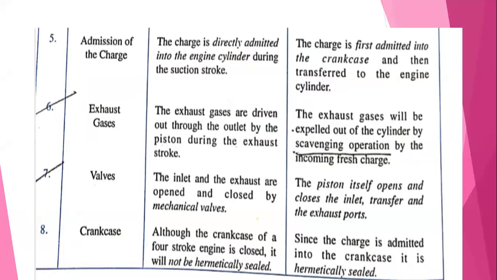Due to that, suction takes place, which means the air and fuel mixture comes into the engine chamber. But in a two-stroke engine, the charge is first admitted into the crankcase. Remember, here it is the cylinder, here it is the crankcase. In that crankcase, the expansion of the gas takes place, due to which the piston moves upward.